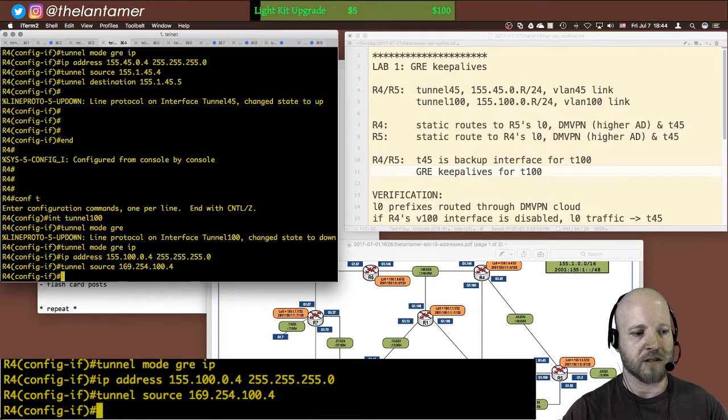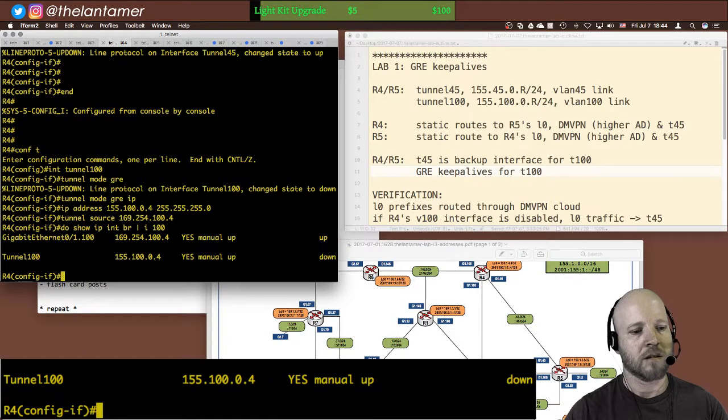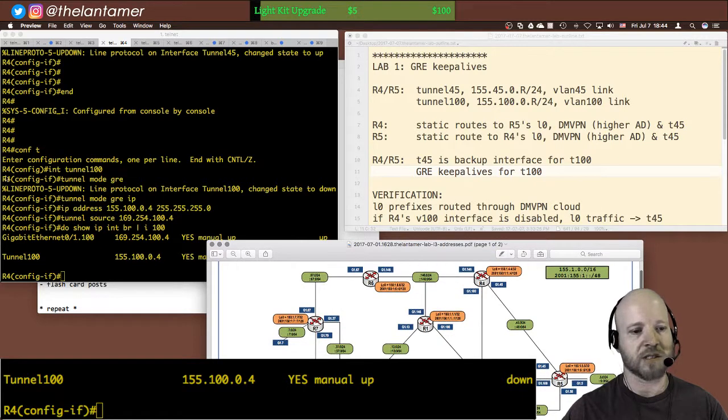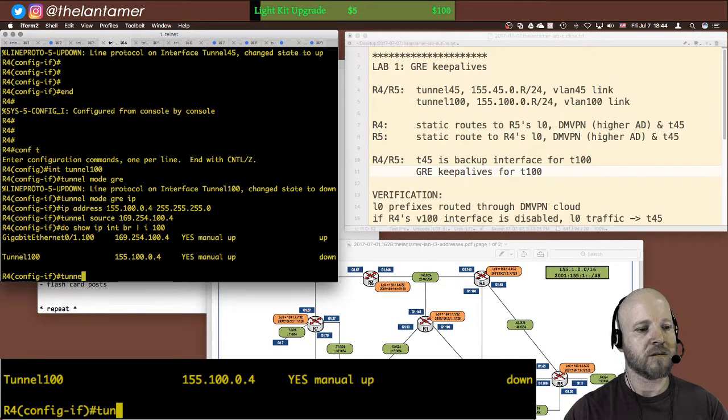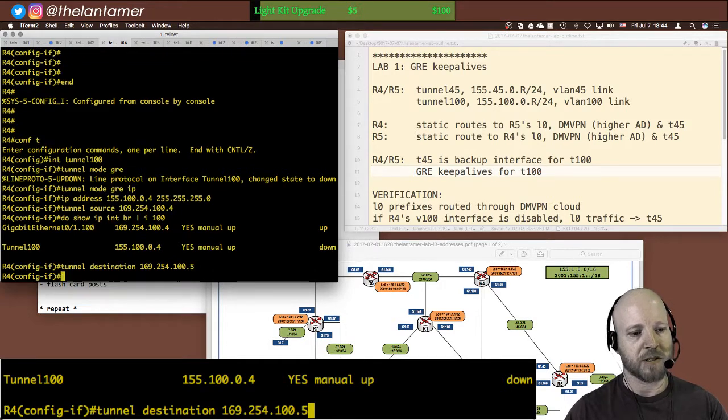Let me just make sure. Do show run interface Gi0. No. Do show IP interface brief. Yeah, the actual Ethernet segment strays from this box. It's actually 169.254. So tunnel source, I already did that. Tunnel destination. This is where I really screwed up yesterday.